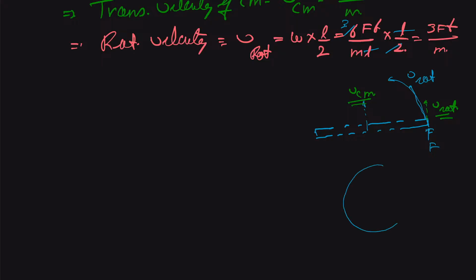Okay, it is much easier to understand that. I think we already dealt with this concept numerous times during the study of rotational motion, and if we consider a point somewhere near the edge of the sphere, it is going to have two types of velocities. One velocity will be equal to the velocity of the center of mass, and this point is going to rotate in a circle. The other velocity will be tangential to it, which we call V rotational. The same concept is applicable here also, but on a straight rod.